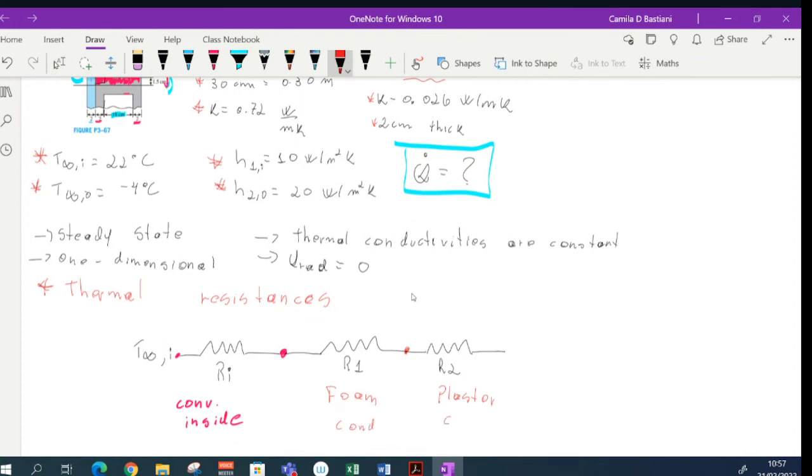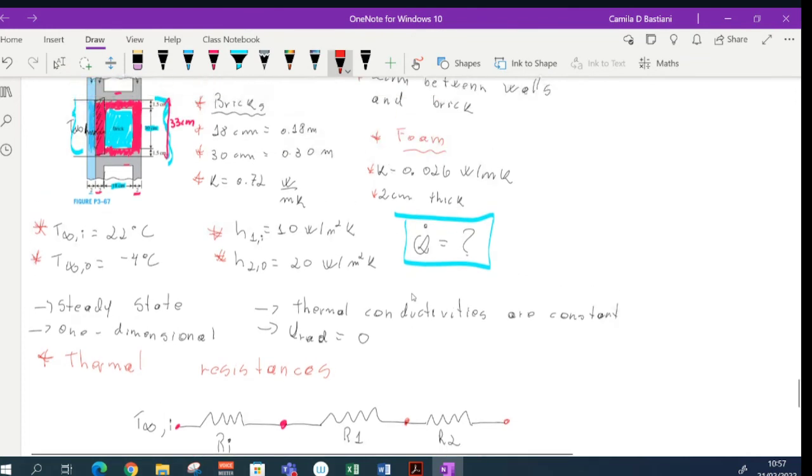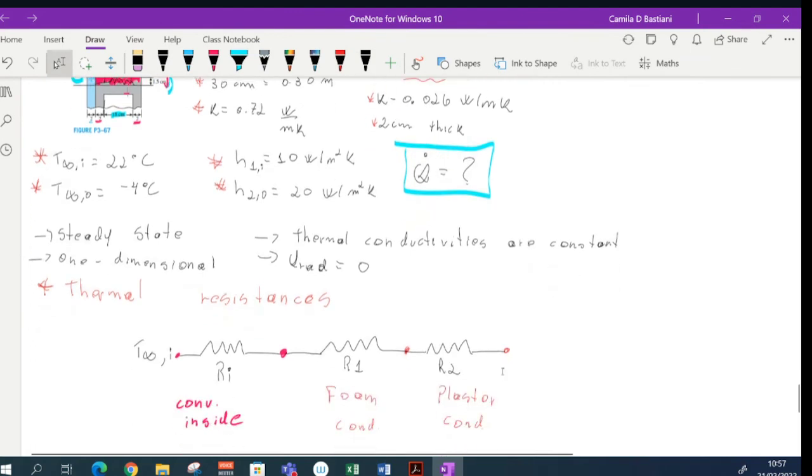Conduction resistance. Next thing, I have some plaster here. I have the brick here, and I have more plaster here. So I have resistances in parallel. So I have now my resistance due to the plaster on the top, my resistance of the brick, and my resistance of the plaster on the bottom.